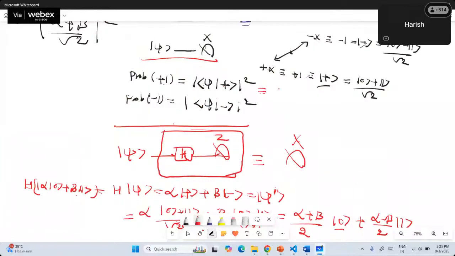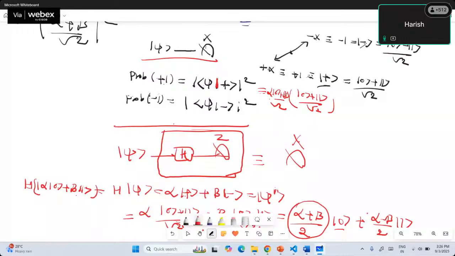When you do this with psi, plus is 0 plus 1 by root 2, and here you have alpha times 0 plus beta times 1. When you do the dot product, it will be the same thing. On measuring 0, it is alpha plus beta whole squared, and on measurement 1 it will be the other term.